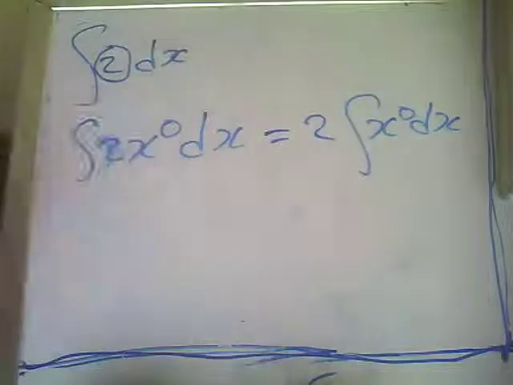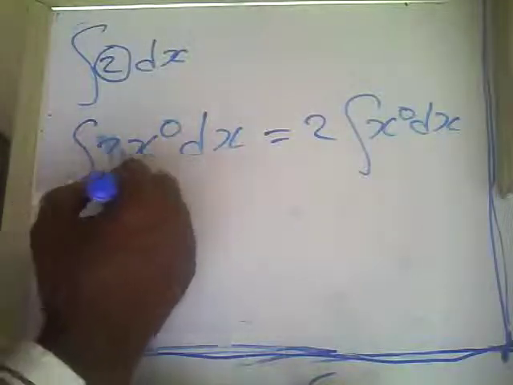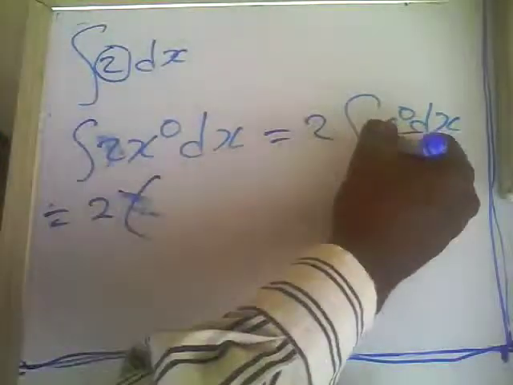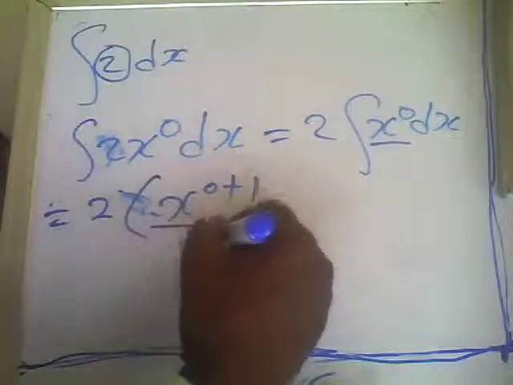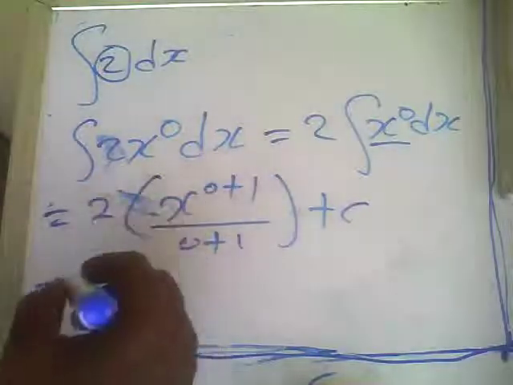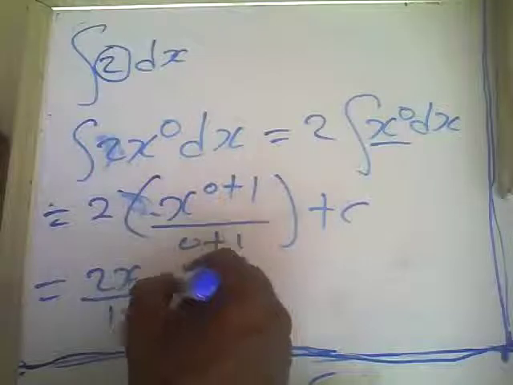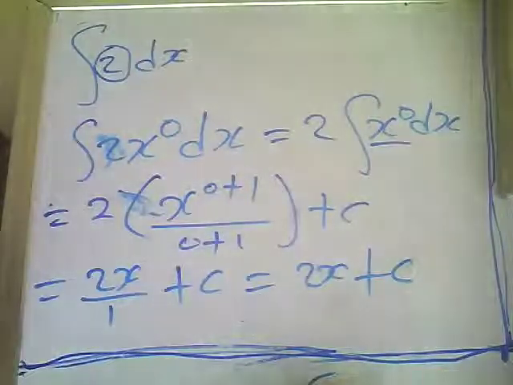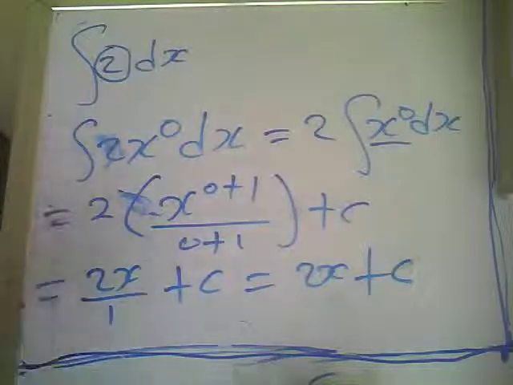I factor out this 2 because it's a coefficient. So now we have 2 times, in a bracket, the integral of x to the power 0, that becomes x to the power 0 plus 1, over 0 plus 1, plus c. X to the power 0 plus 1 is x raised to the power 1, so that's 2x raised to the power 1 over 1 plus c. So we have 2x plus c. You can see that when we integrated 2, we have 2x plus c.